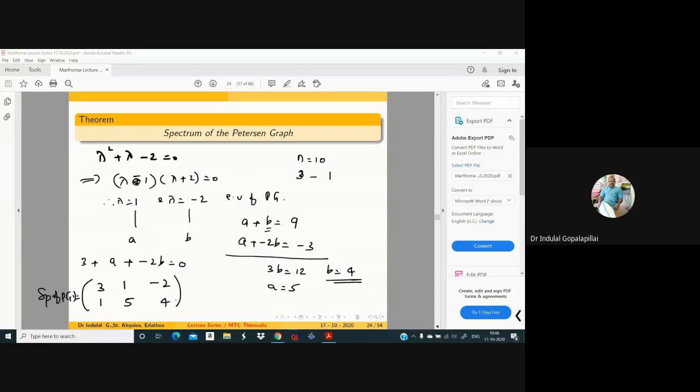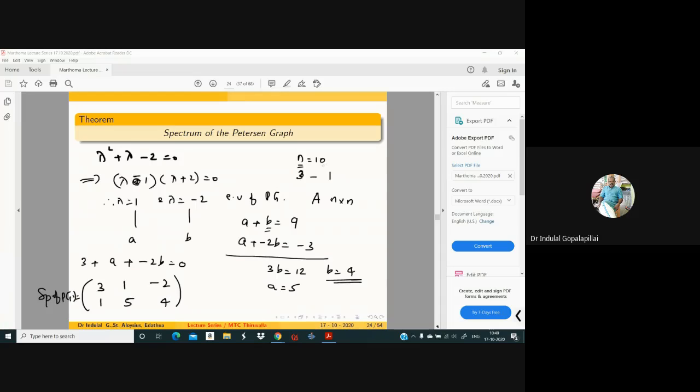Now you may ask why this computation is relevant, significant or important. This is because, as we already mentioned in the beginning session, the spectrum of a graph is the set of eigenvalues of the corresponding adjacency matrix, and the adjacency matrix is an n by n square matrix if the graph has n vertices.